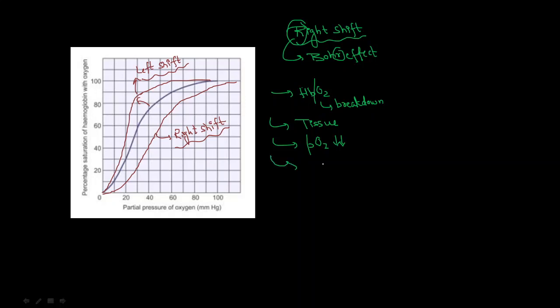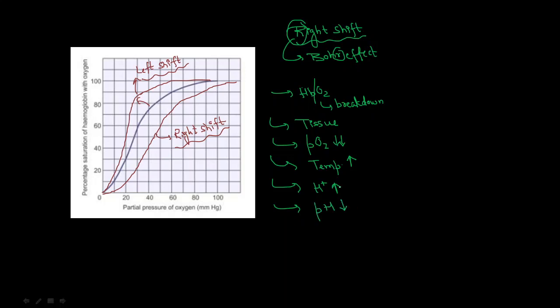Then temperature will remain high. Why? Because a lot of metabolic activity is happening, so temperature will remain high. Then protons will also remain high in your tissues, and since the protons are high, the acidity will also remain high. So I can write the pH will be low.